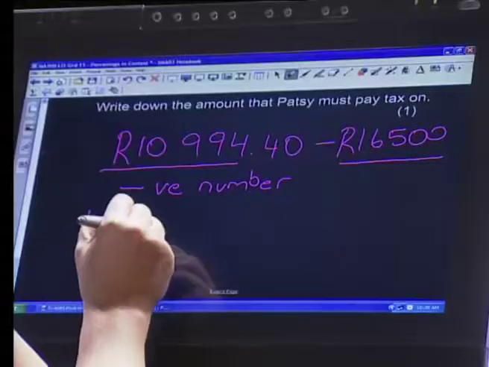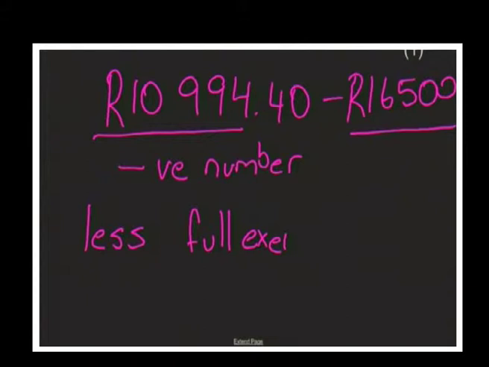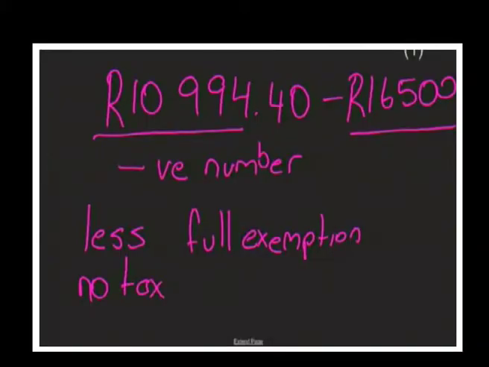Because it was less, she is allowed a full exemption, so she does not have to pay any tax. She has no tax payable on her investment. Whenever you get a negative number, it does not mean that the receiver now owes you that money. It just means that it is less than the amount you're allowed to exempt, therefore you do not pay tax.